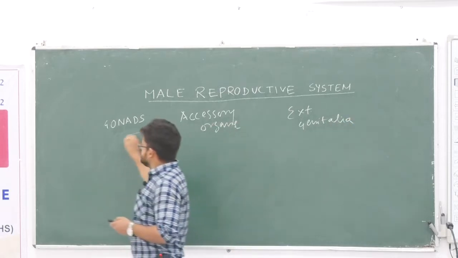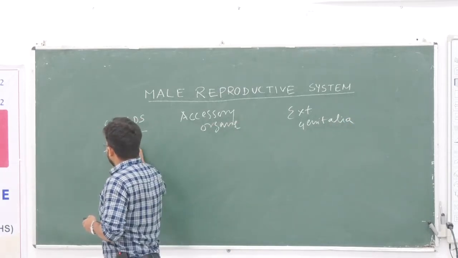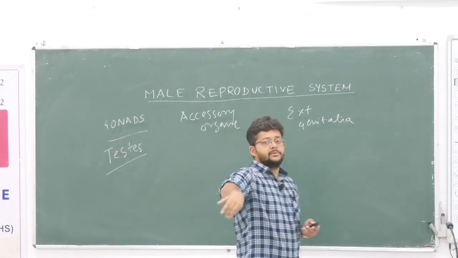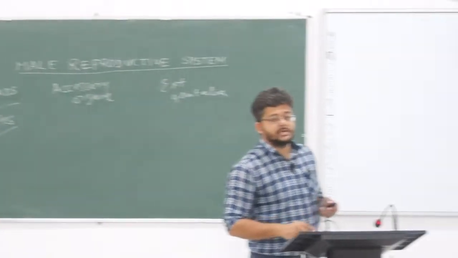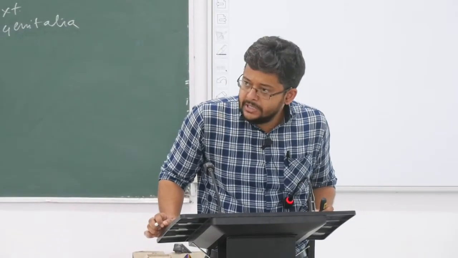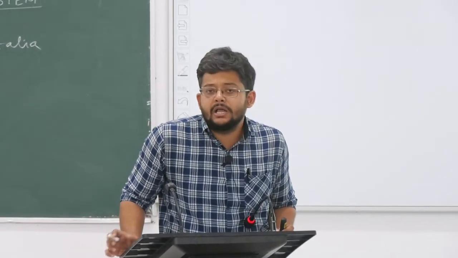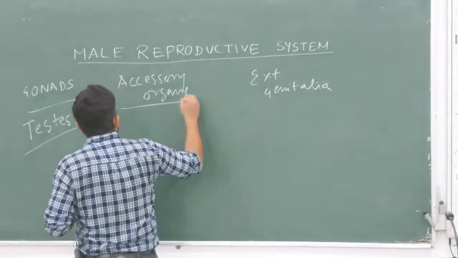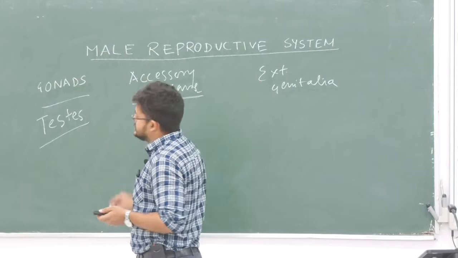Now under gonads, what we have is a pair of testes which is present outside the body. That is very important, which is present outside the body in the scrotal sac, and there is a definitive physiological reason behind this typical appearance. Then in the accessory organs we have a number of things.